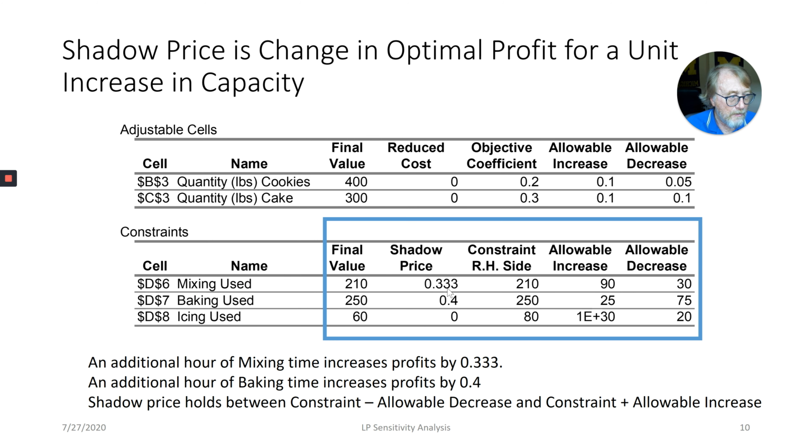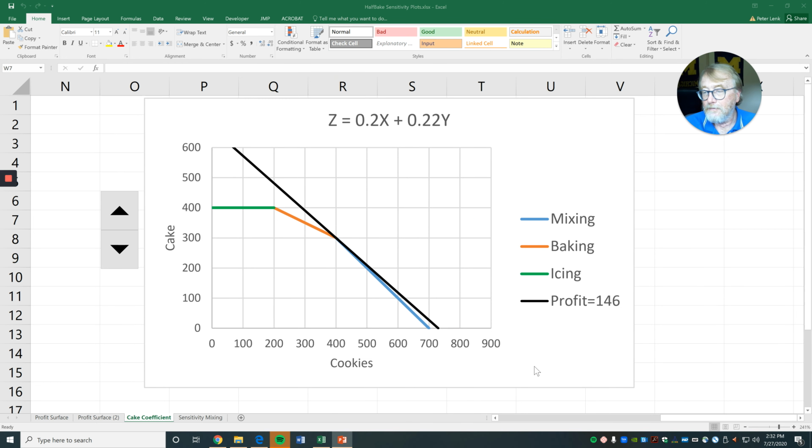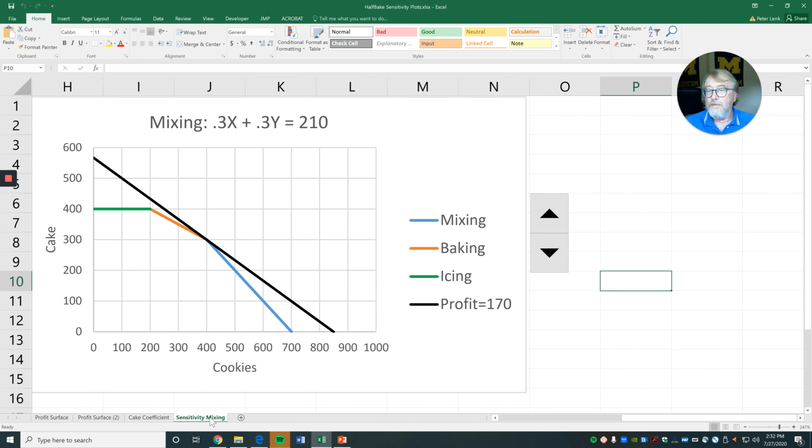So let me go to a graph of that. Got some graphs. And here's the sensitivity. Shadow price. So we're just taking a look at mixing. Okay.